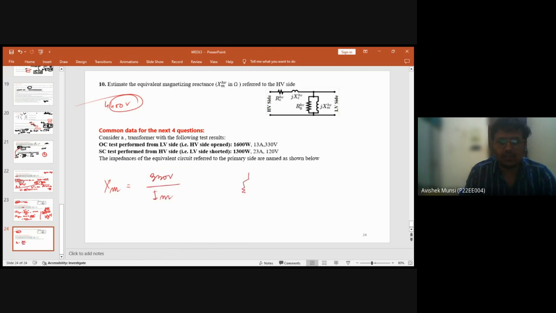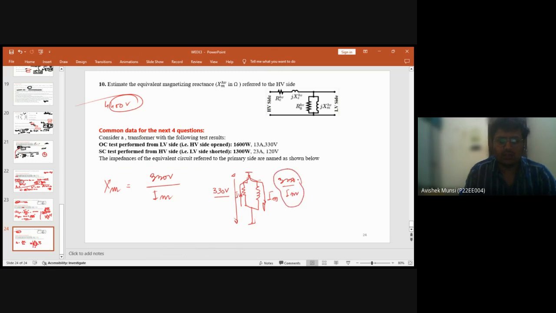Because if you consider this circuit, the voltage across this terminal is fixed and it is calculated as 330 volt. The current flowing from this side is IM and from this side is IW. I explained it in the explanation. So we have to calculate XM, so that will be equal to 330 by IM, right?